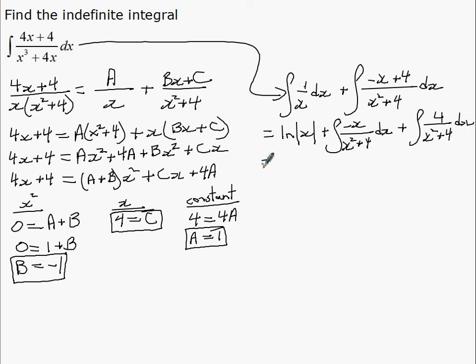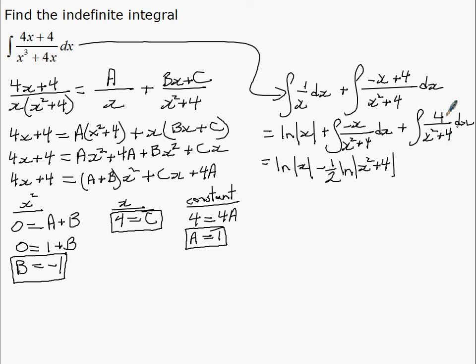Now, if we continue, we have ln x. We can now integrate this part, because now this is u substitution. u is the denominator, du is 2x dx. The top we have negative x dx, so we end up with negative a half ln of x squared plus 4. If you can't follow that part, do some more practice with u substitution.